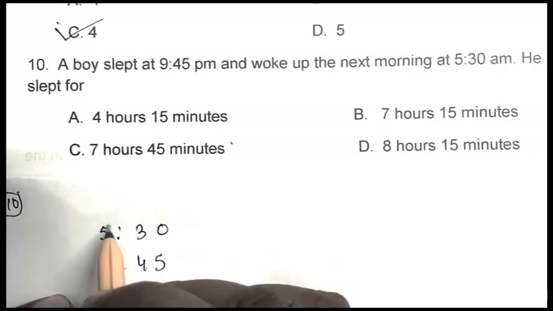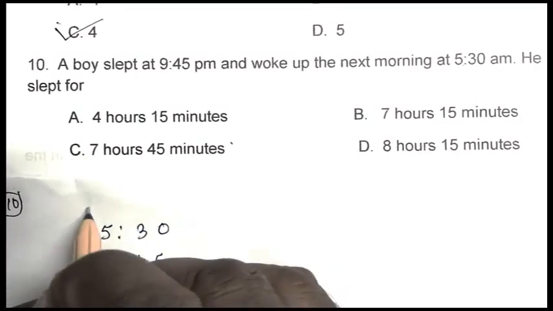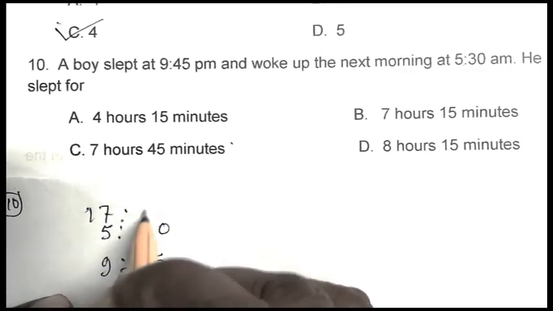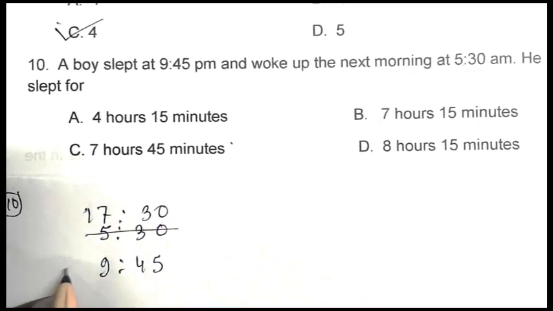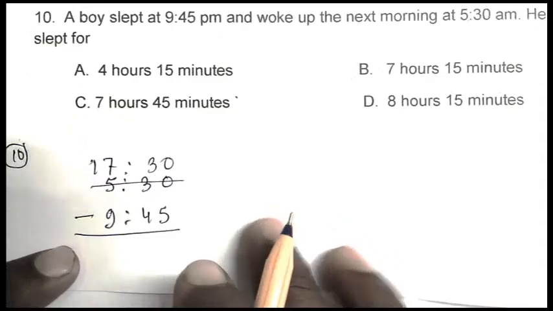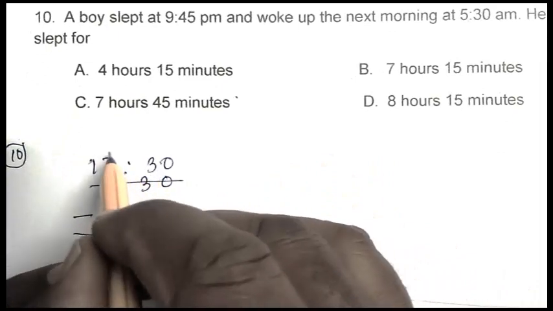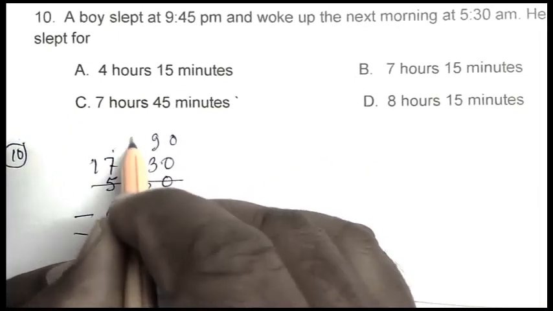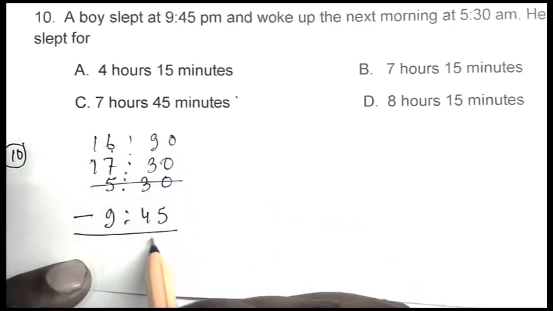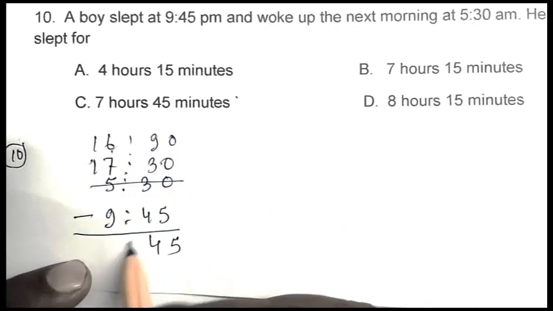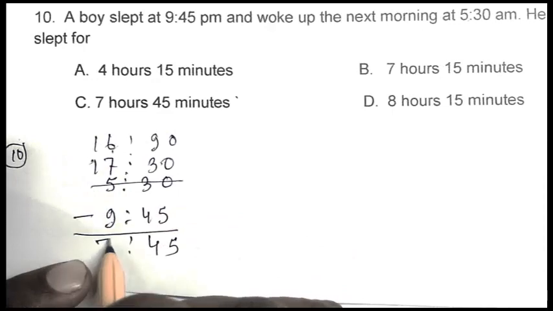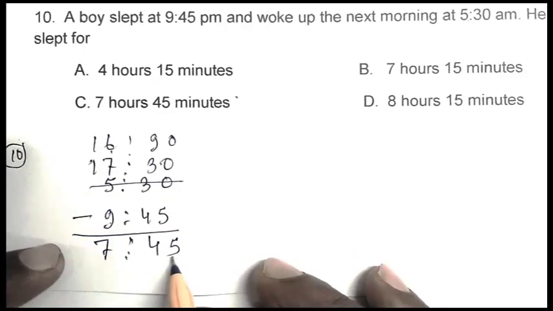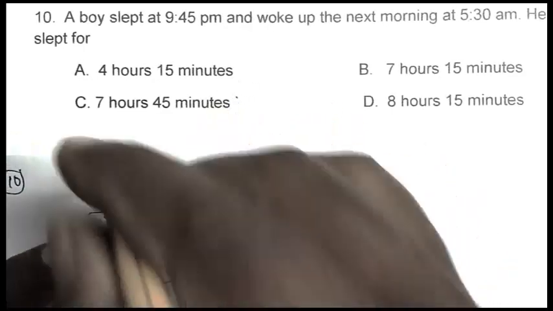We have to add 12 hours to 5:30, so it becomes 17:30. After that we subtract 9:45 from it, and we get 7 hours 45 minutes. C is the right answer.